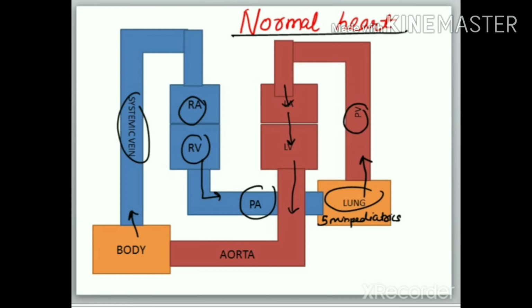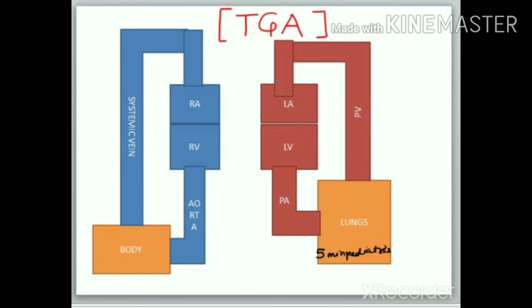This is the normal anatomy: aorta arises from the left ventricle and pulmonary artery arises from the right ventricle.